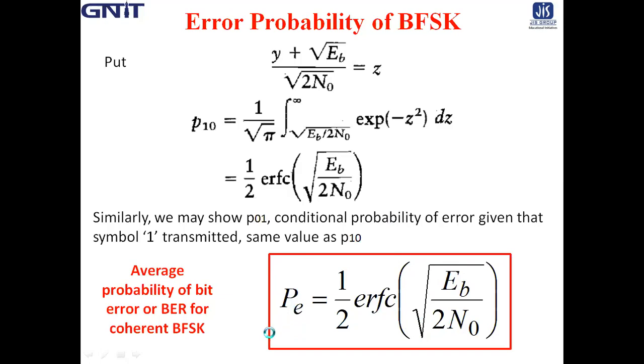Okay. Next, so this is the average error probability for BFSK signal. This is very much important.